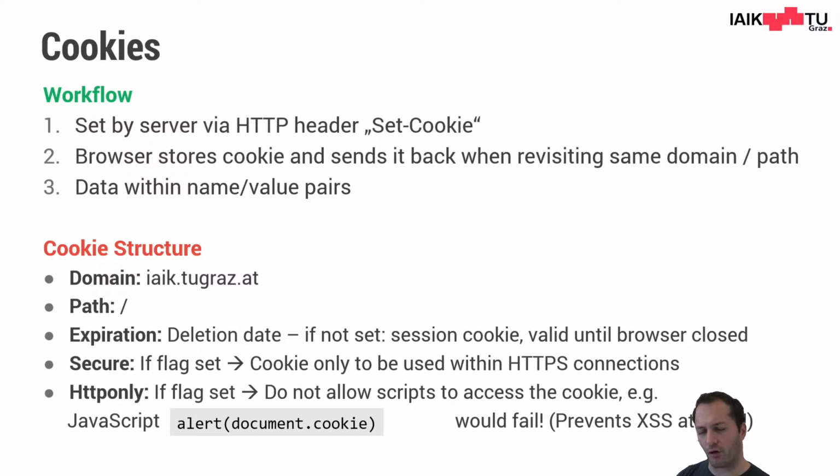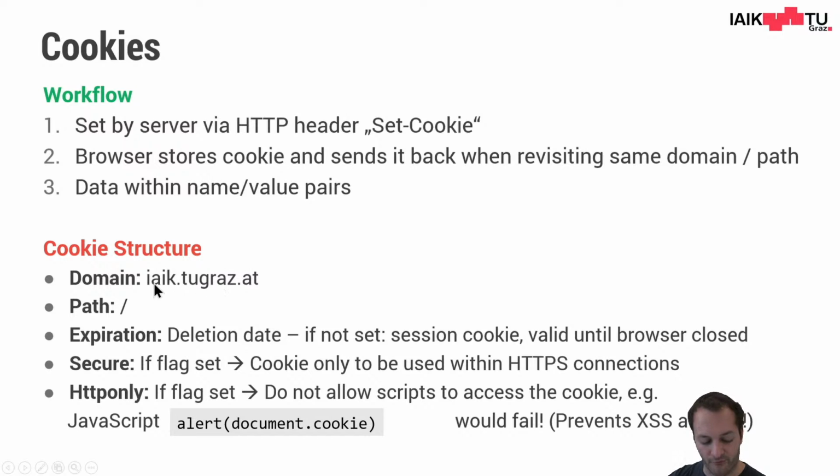So for example, there's always a domain you have to set in your cookie, because probably you want your cookie only to be valid for your own site, but you do not want to send it if you make requests, for example, to another institute or to the Git server we run.